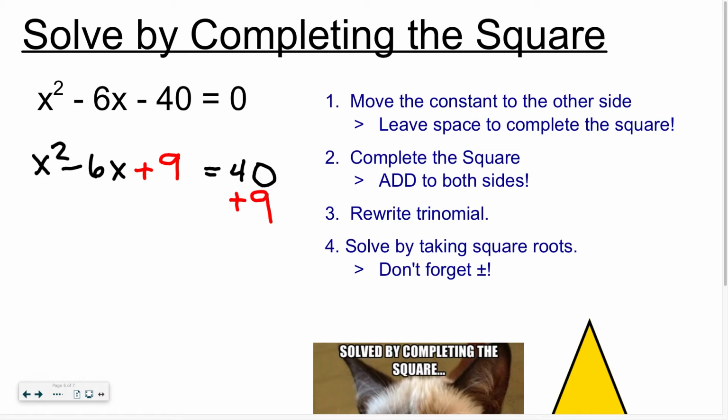So keep solving. Now rewrite it as a perfect square trinomial. And solve by taking square roots. Oh, I forgot, it's adding 9.